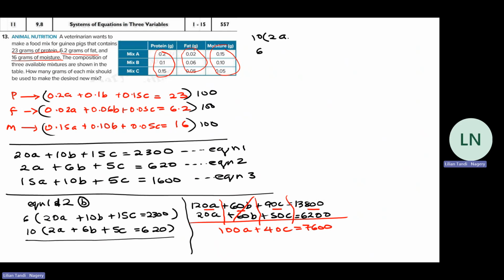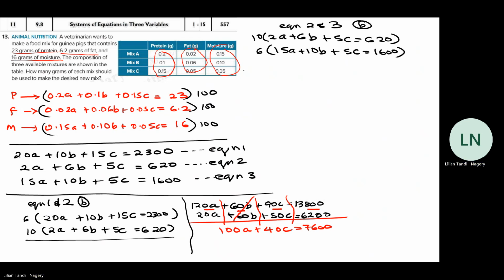So this will be 2a plus 6b plus 5c equals 620, and then 6 will be with 15a plus 10b plus 5c equals 1600.